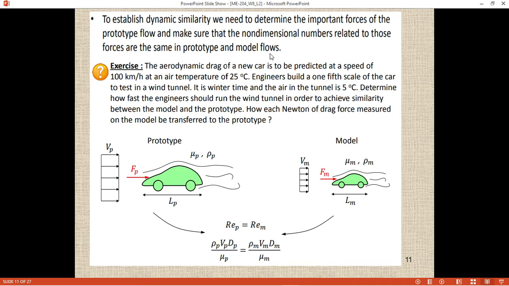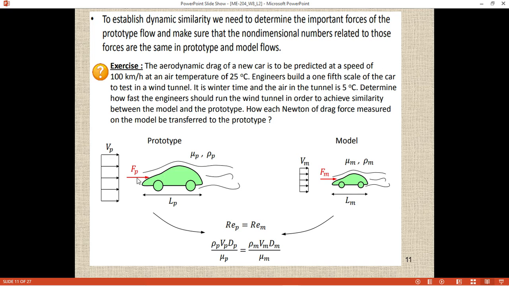Here is one example of how to use dimensionless numbers for a particular problem. The aerodynamic drag of a new car is to be predicted. We have to predict the drag force on a car at a speed of 100 km per hour at an air temperature of 25 degrees centigrade.